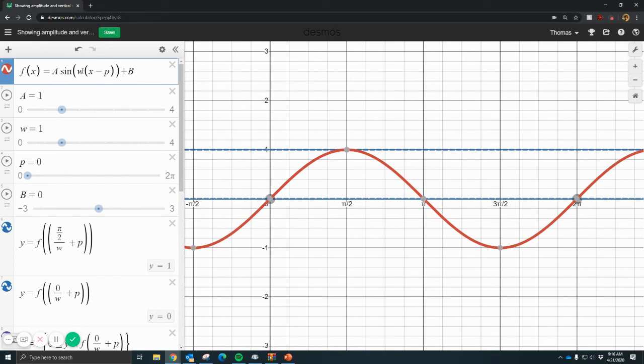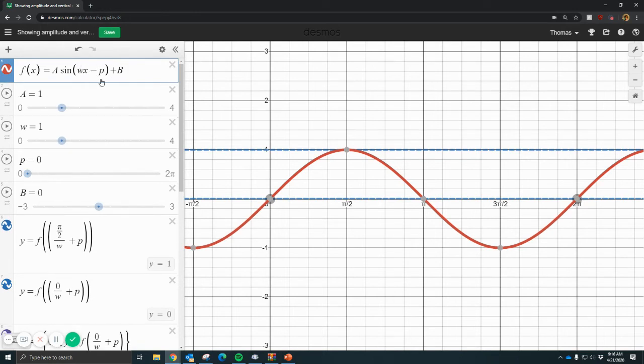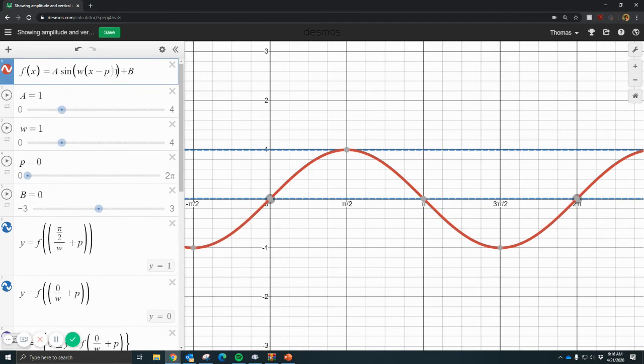Sometimes you'll see it as omega x, and in my opinion, that is less useful for us, because that p-value now represents something where, in order to figure out what the actual phase shift is, or how far all the x values changed, we would have to divide that p-value by omega. And we don't want to do that. So if we have this factored out, effectively we've already divided the p-value by omega.